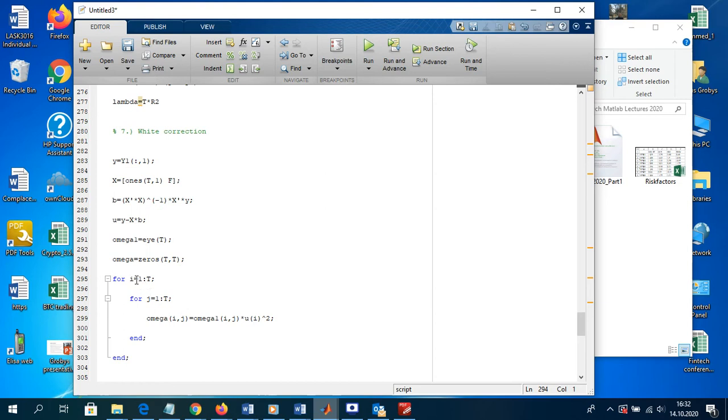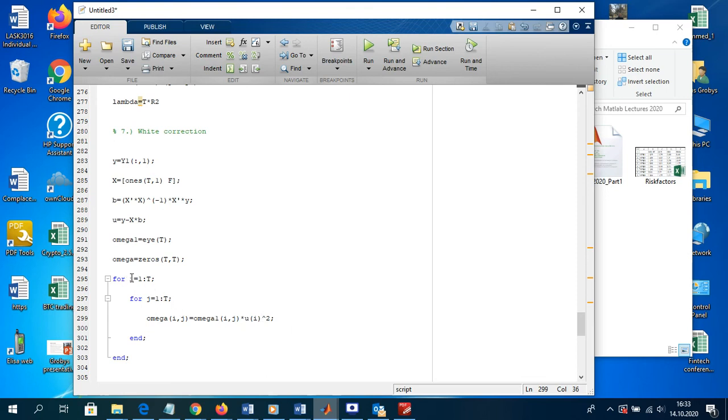So what happens if i is 1 and j is 2? We store in position 1 2 what is in this matrix: the element 1 2 is a 0, because only on the main diagonal, only if i and j are the same, do we have a 1. Otherwise we have a 0. So 0 times something is 0, and this is true for any other off-diagonal element as well.